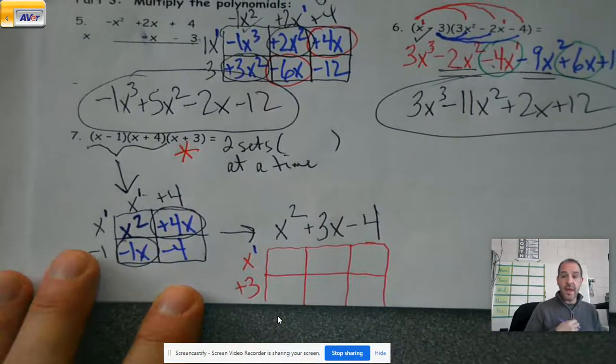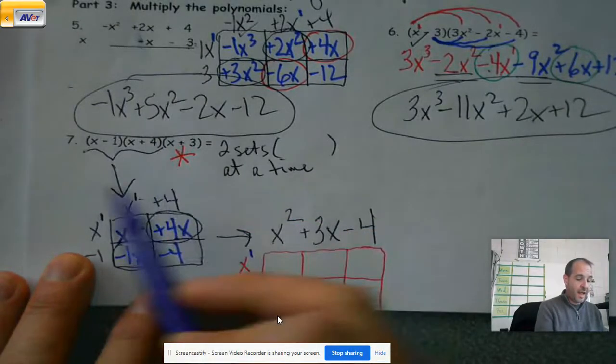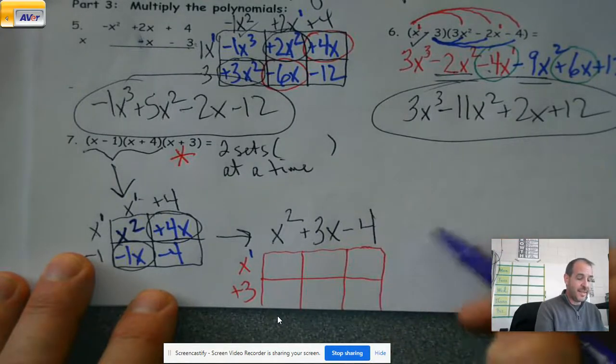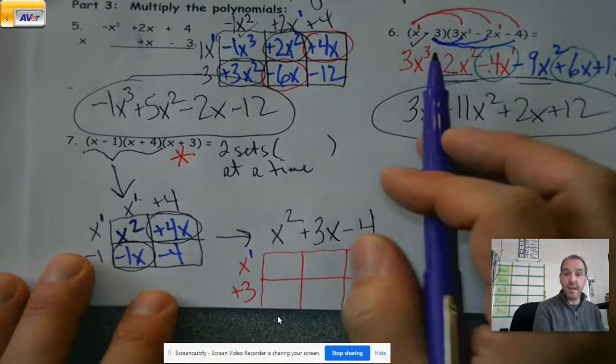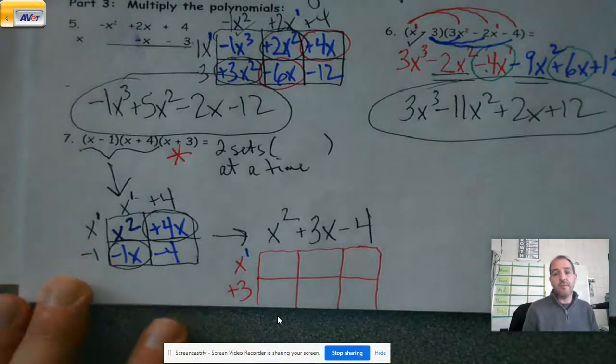Now, if you're a fan of the distributive property and you did your distributing here and have an answer, and then you just want to put parentheses and then the x plus 3 and do it like we did in number 6, you'll get the same answer. Okay, it's just a personal preference at this point.